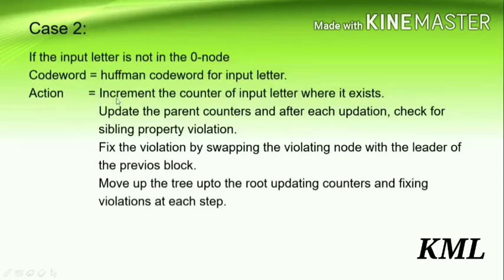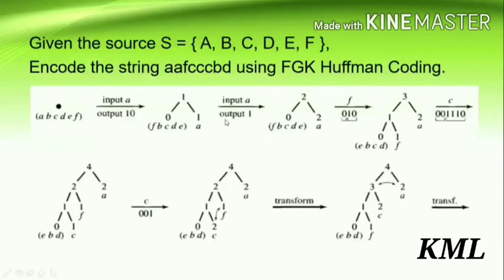So what do we do? Increment the counter of the input letter where it exists. Okay, then update the parent counters, and after each update check for a sibling property violation. So you increment this counter. Okay, so A was 1, so after incrementing by 1 we get a 2 here. Now we have to update the parent.